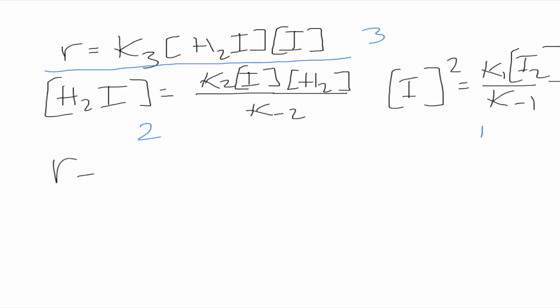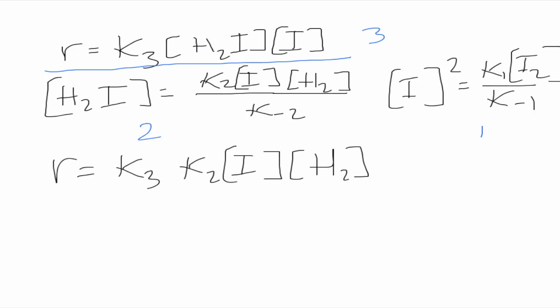So R is equal to K3. I'm going to substitute this H2I with the value of this one. So that will be K2 times I times the concentration of hydrogen over K-2, times another iodine that we had from right here.